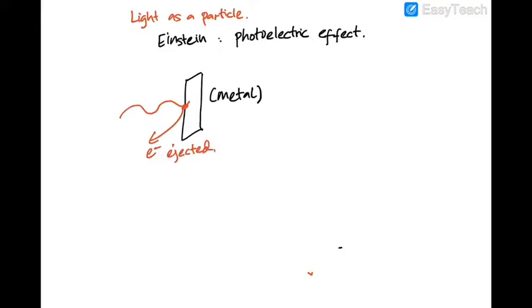You can imagine that something we long knew as a wave hits a particle, and the particle, the electron in this case, is ejected. Based on Einstein's conclusion, this can only happen because light also has the properties of a particle, because only a particle can hit another particle and eject it out of its place. Therefore, the theory of wave-particle duality was born.